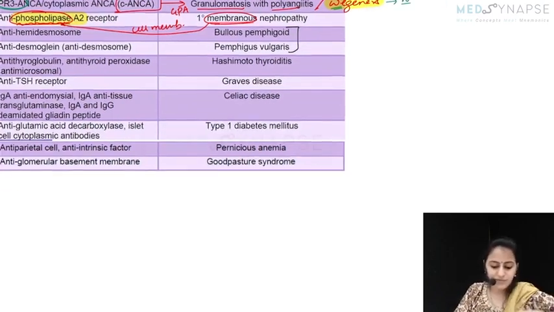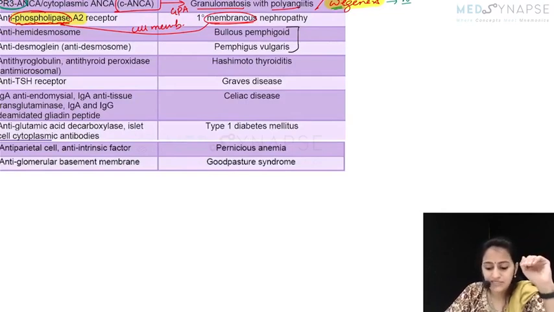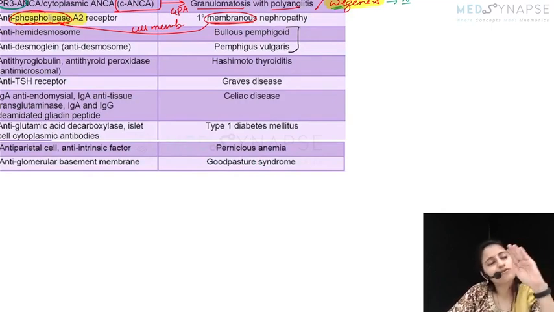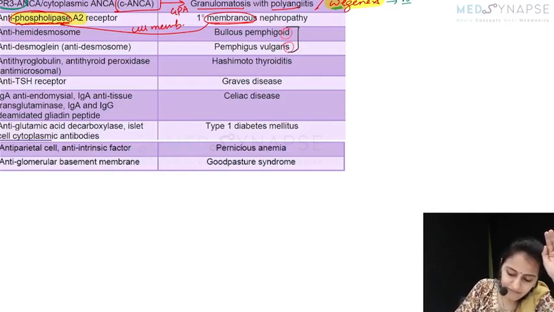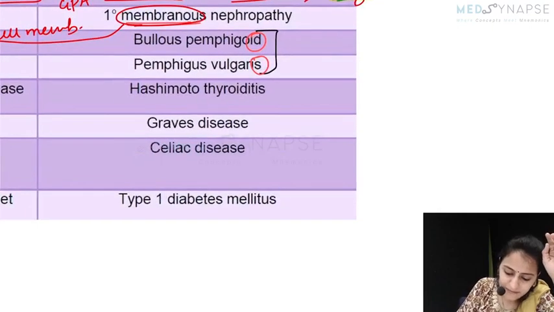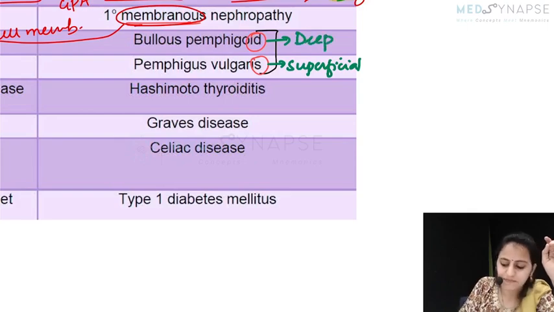Bullous pemphigoid, pemphigus vulgaris. Out of these, which one has the flaccid bulla and which has the tense bulla? Pemphigus vulgaris is flaccid. Which is more superficial? Vulgaris. So remember that vulgaris is superficial, pemphigoid is deep.